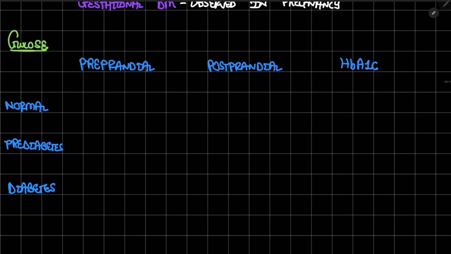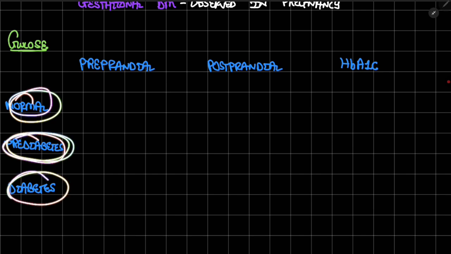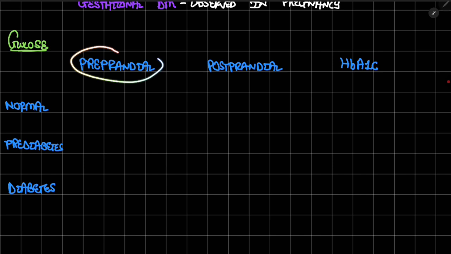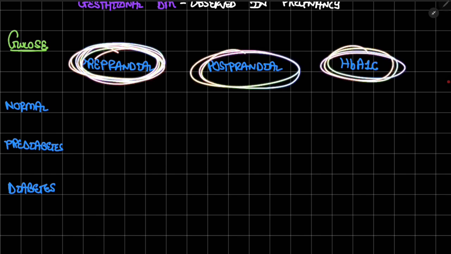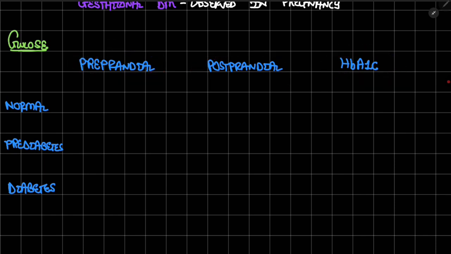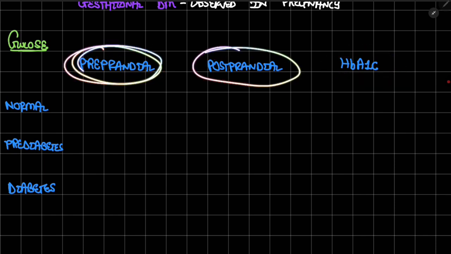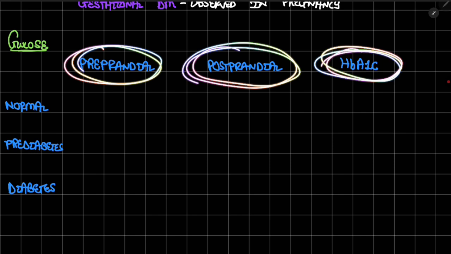So what I have written is the normal glucose level, the pre-diabetes and the diabetes, and the parameters: pre-prandial, post-prandial, and HbA1c. Pre-prandial means before meals, post-prandial after meals, and the HbA1c levels.